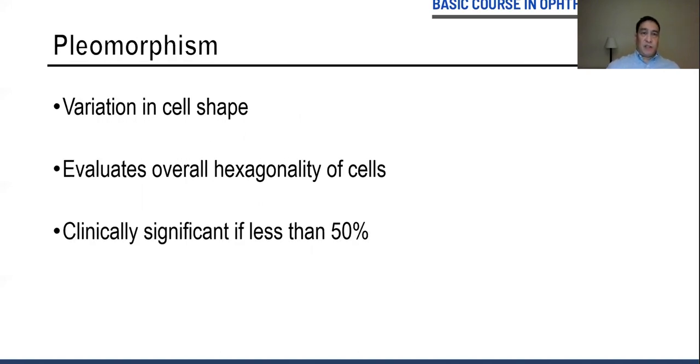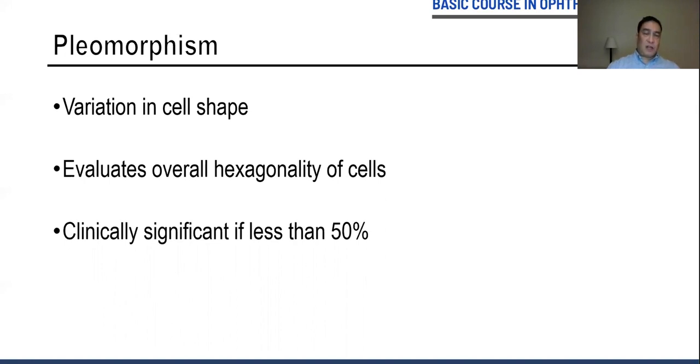Pleomorphism is a variation in cell shape. The typical shape of your endothelial cell is, of course, hexagonal, or six sides. When you get a variation of that, where some will be five or four or seven sides, we call that pleomorphism, or variation in cell shape. It is clinically significant if the hexagonality is less than 50%.